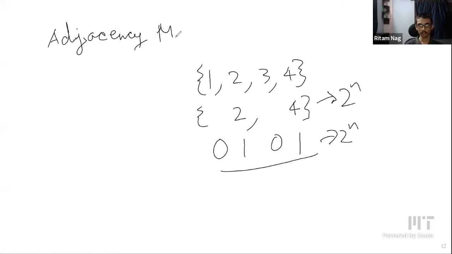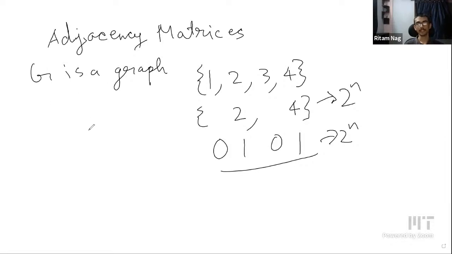The other thing I wanted to talk about was adjacency matrices, which will crop up when you're doing graph theory. Suppose G is a graph. You define the adjacency matrix of G so that the ijth entry, Aij, equals 1 if there's an edge from vi to vj.